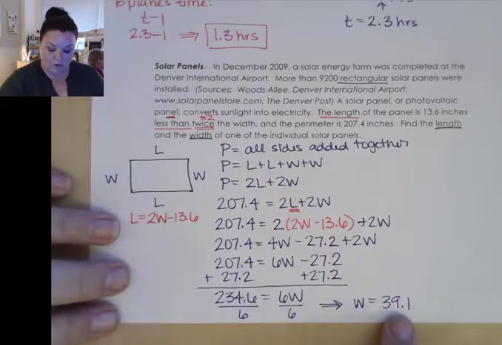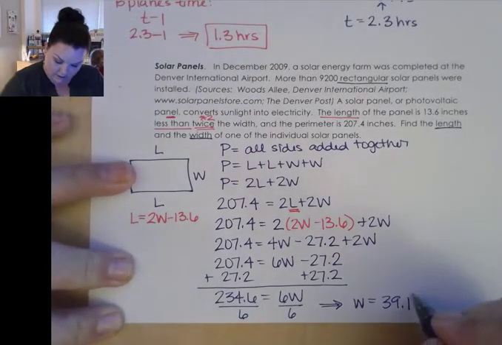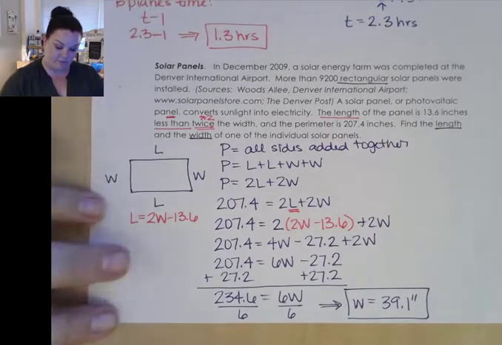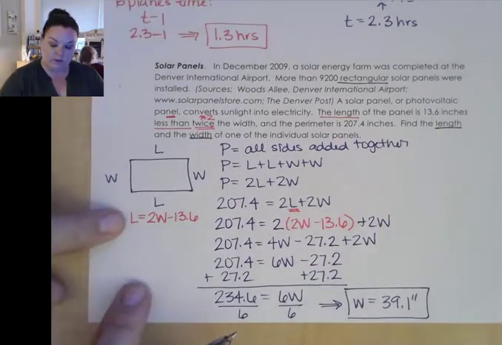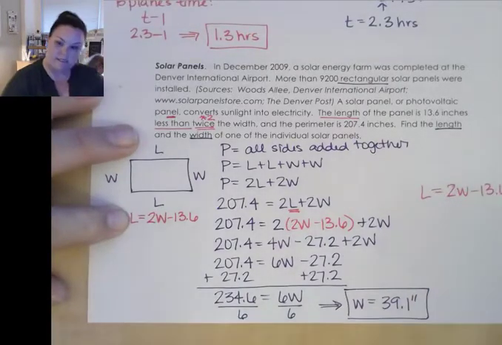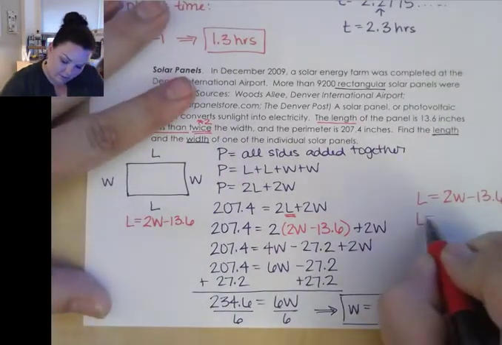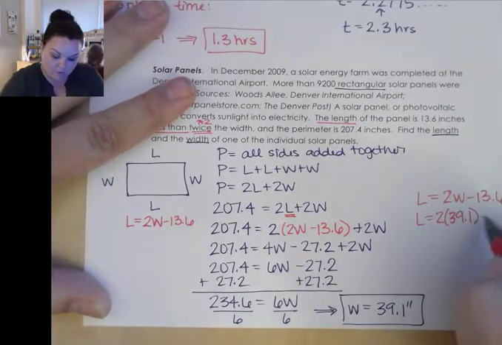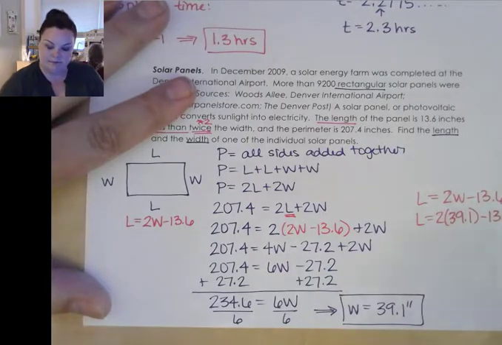That means that my width is 39.1 inches. So that's one of my answers. But remember, it also asked me for the length. And the length, we know that the length is equal to 2W minus 13.6. So now all I have to do is put in what we found W to be, which was 39.1, and then simplify.